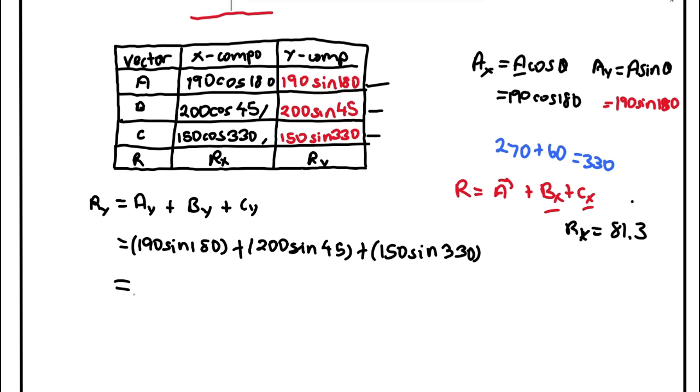Again, just make sure that your calculator is in degrees. This gives us 66.4. So this is our Ry.